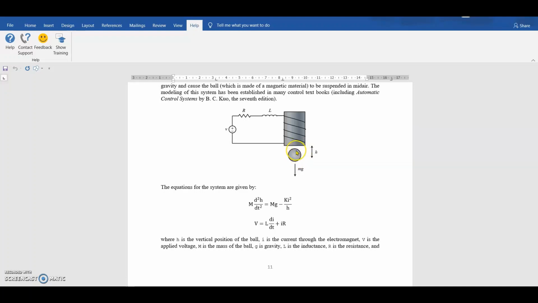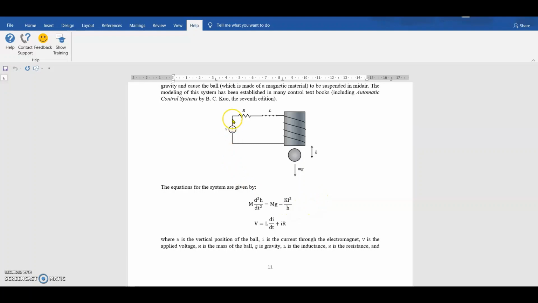One is the gravitational force, which is mg, and minus the attractive force due to this solenoid. So m d2h by dt square is nothing but mg minus ki square by h.